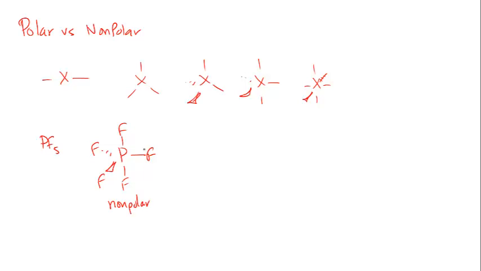If, however, one of the positions had a lone pair on it or another atom, then as long as the bond dipoles don't cancel each other out, it would be polar. Another one was CS2. We had a sulfur double bonded to the carbon, and then there was an S on this side. That's linear, so the two bond dipoles cancel.